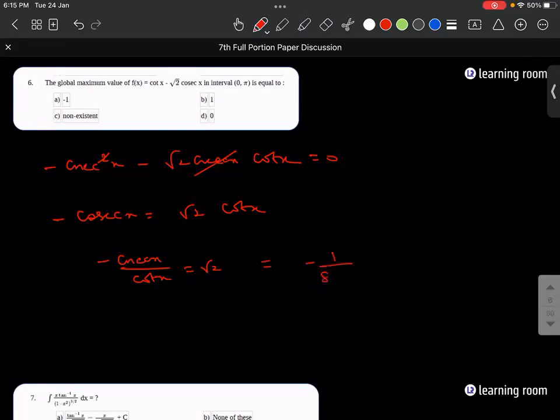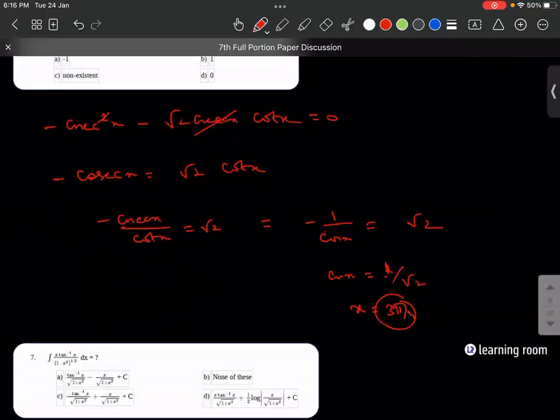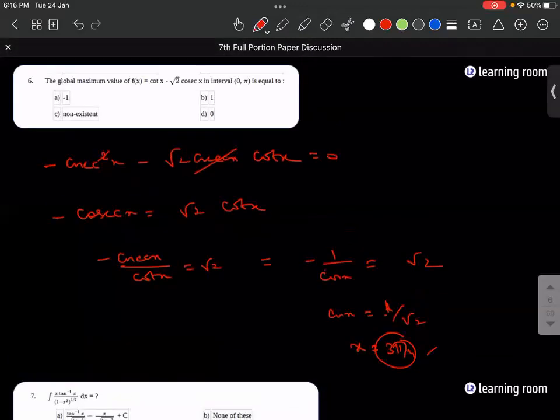Minus 1 divided by cos x. So cos x is equal to minus 1 by root 2, so x will be 3 pi by 4. Take this value, substitute it here and see.